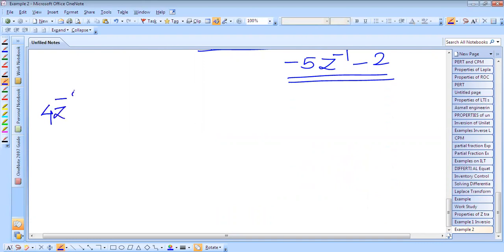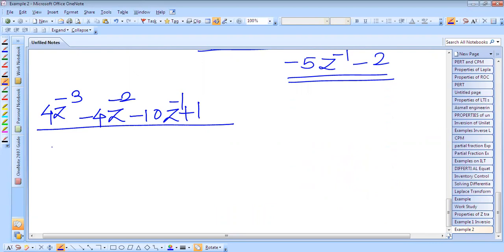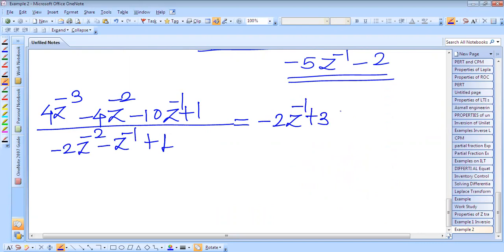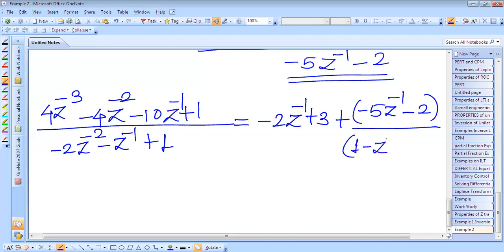4z raised to power minus 3 minus 4z raised to power minus 2 minus 10z raised to power minus 1 plus 1, divided by minus 2z raised to power minus 2 minus z raised to power minus 1 plus 1, is equal to minus 2z raised to power minus 1 plus 3 plus minus 5z raised to power minus 1 minus 2 divided by 1 minus z raised to power minus 1 minus 2 z raised to power minus 2.